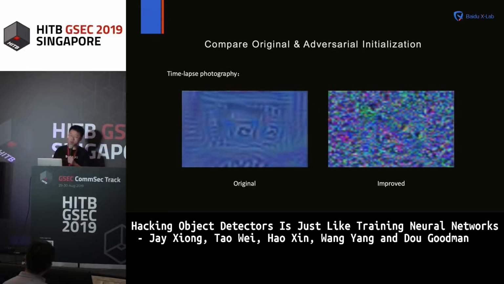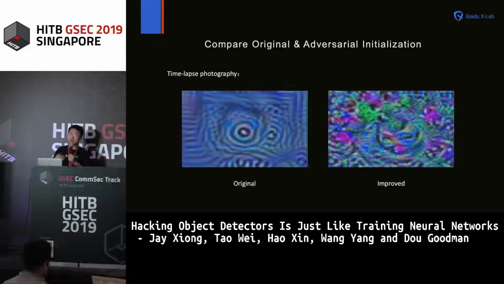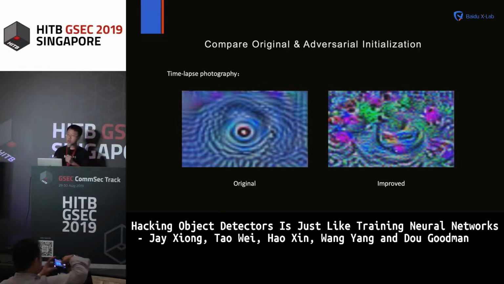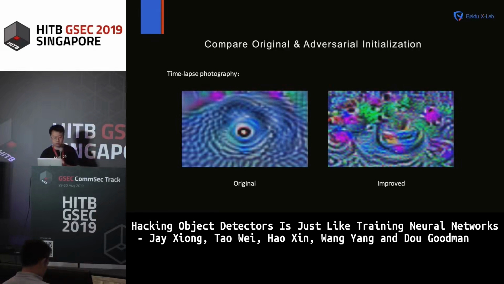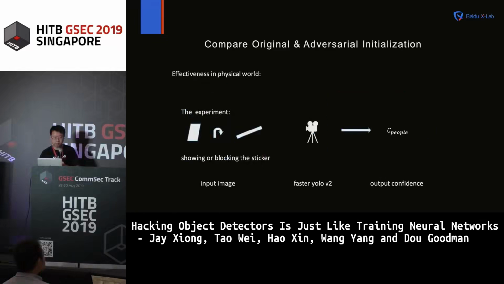In this scenario, we can use this sticker to hide people from detection by the camera.